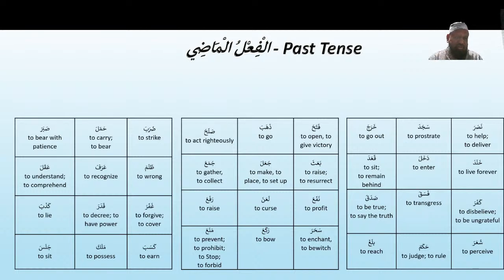And in the third box we have daraba. This is the daraba group. Learn these verbs if you haven't learned them. These are all Quranic verbs. It will help you and will become easy later on.